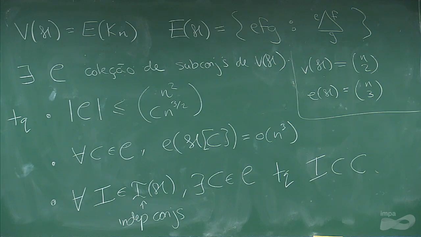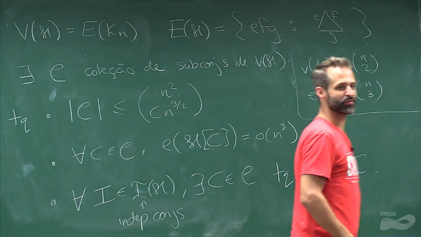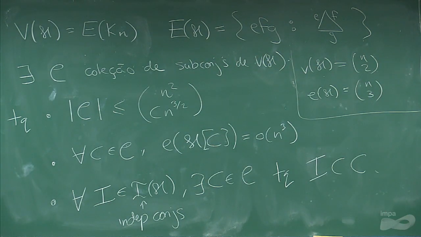Sorry. I just don't understand the subsets of V of H, because there we have a fixed number of vertices, right? Right. Here we also have a fixed number of vertices of the graph, but it's like a universe that lives behind. So there's a universe of n vertices which kind of disappears here, but it's still there because you have these n choose 2 vertices of your hypergraph.